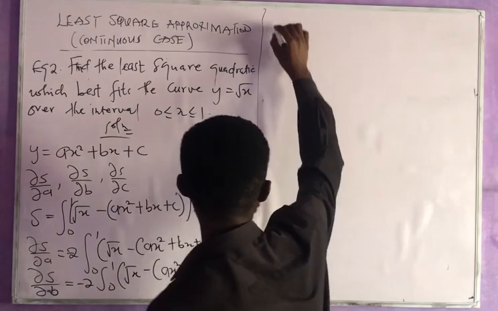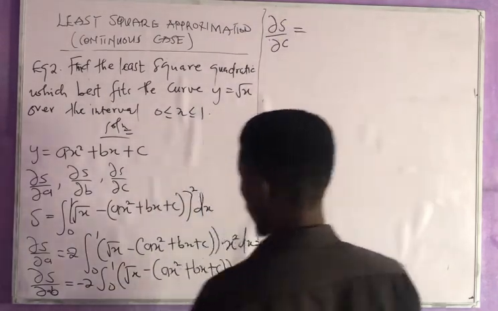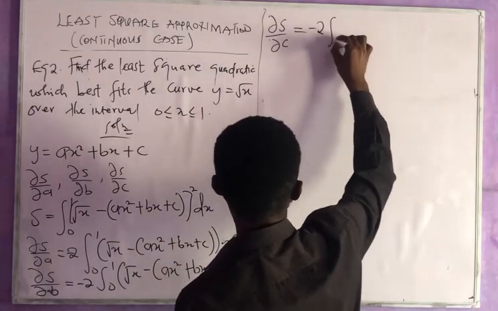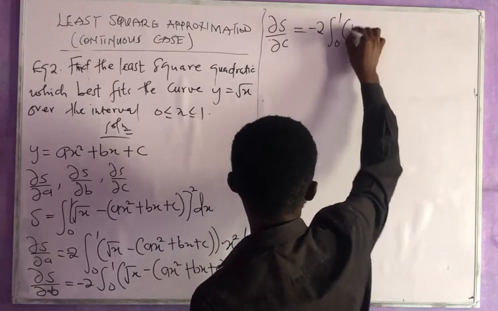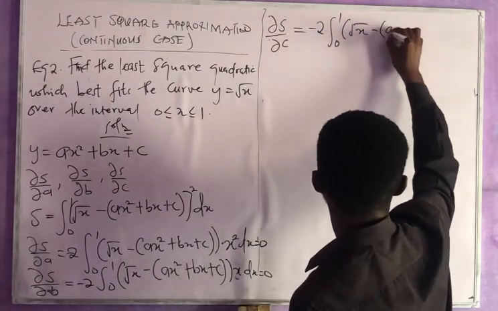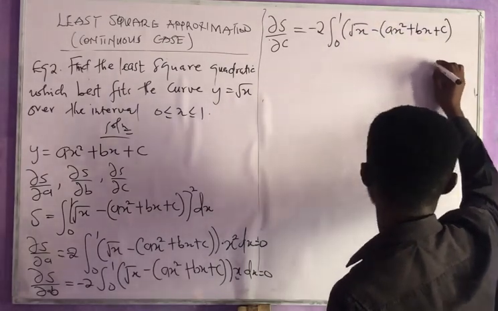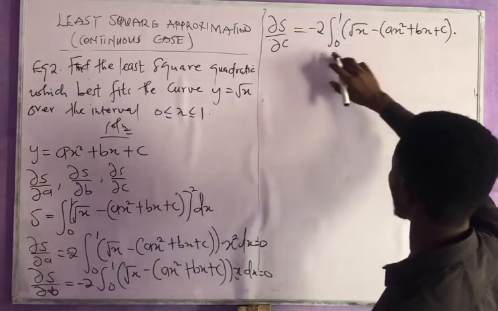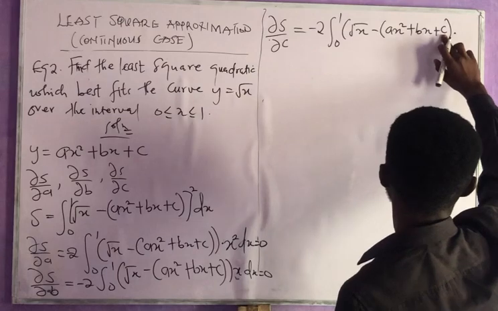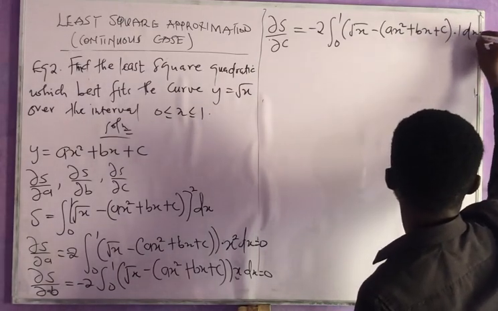Then you also move to the c. So looking at the c, I have negative 2 from 0 to 1, repeating what is here, root x minus ax squared plus bx plus c. Then I'm differentiating with respect to c, so this will be constant, all goes to 0. So if you differentiate c, you get 1 dx, and this is also equal to what?